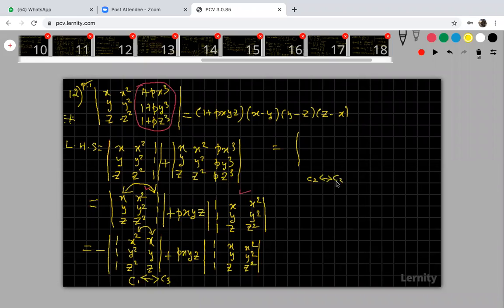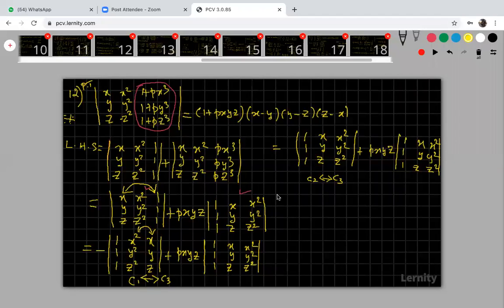My first column is 1, 1, 1, second column is x, y, z, and third column is x square, y square, z square, into p x y z. The second determinant I take as it is: 1, 1, 1, x, y, z, x square, y square, z square.